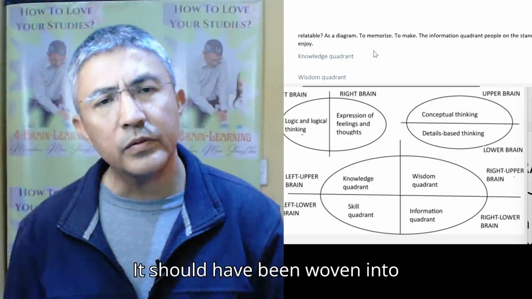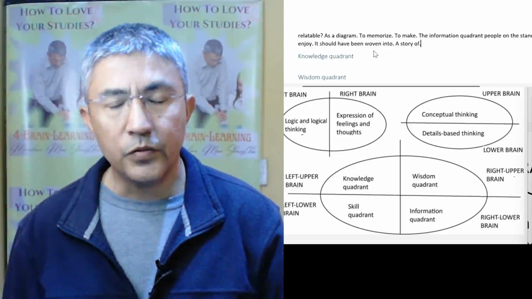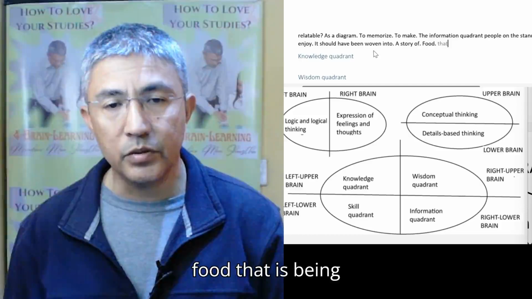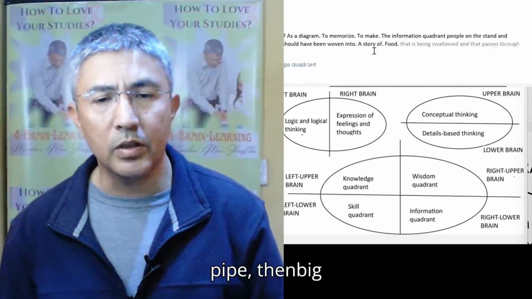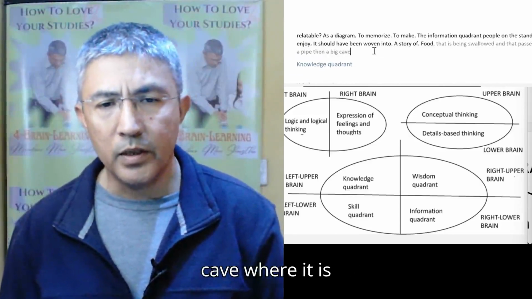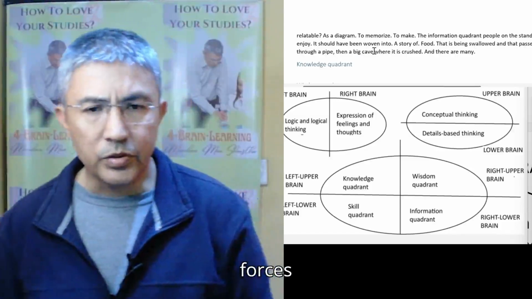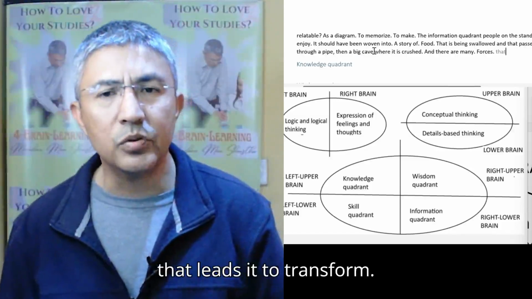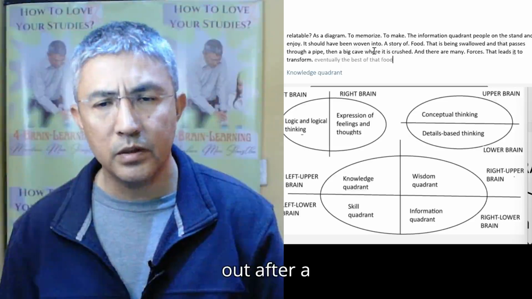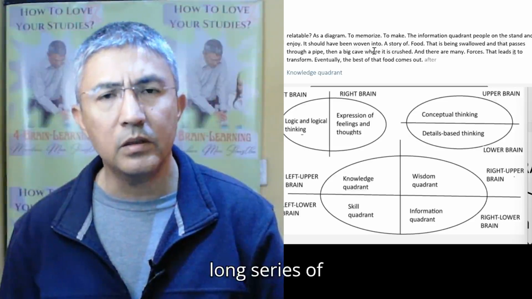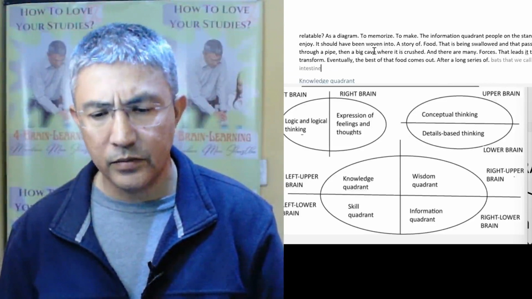It should have been woven into a story of a food that is being swallowed and that passes through a pipe, then a big cave where it is crushed, and there are many forces that lead it to transform. Eventually the best of that food comes out after a long series of paths that we call the intestine from the stomach.